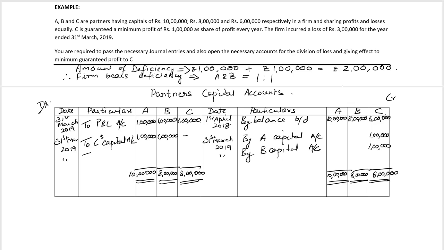On balancing, we get the balancing figure to balance carried down 8 lakh, 6 lakh and 7 lakh.